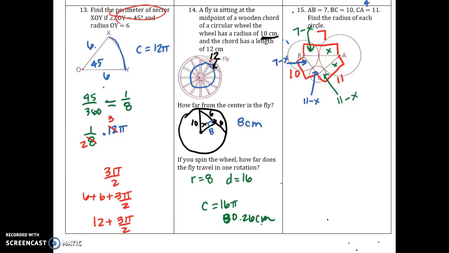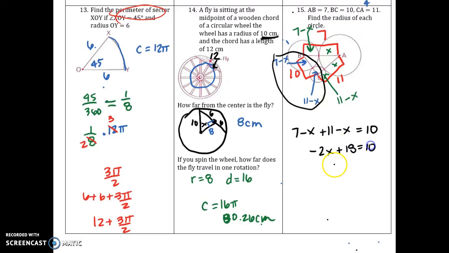So note this section right here. I have 7 minus x and 11 minus x have to add up to give me 10. So I'm going to do that. 7 minus x plus 11 minus x equals 10. Negative 2x plus 18 equals 10. Negative 2x equals negative 8.